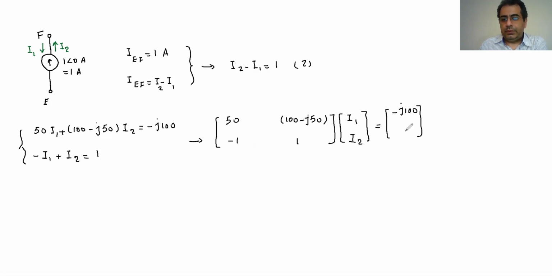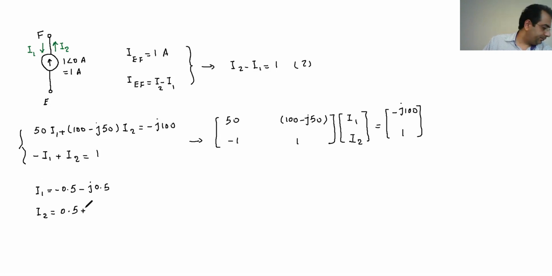If I solve this system of equations, I1 would become negative j0.5, and I2 would be 0.5 minus j0.5.